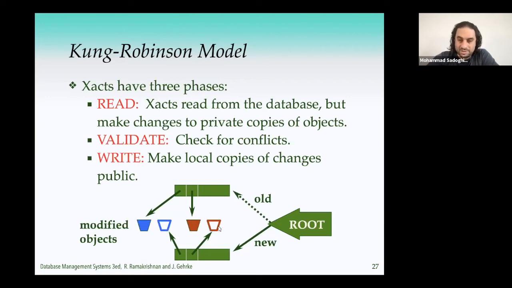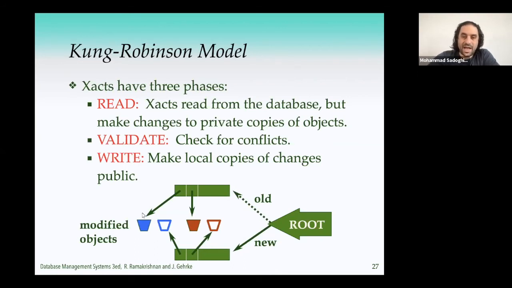The new copies are made, and once they are completed, we swap the pointer. Instead of pointing to the old structure holding the initial value, we point to the new object, from which we can get access to the new value. So essentially it is a form of pointer swap.